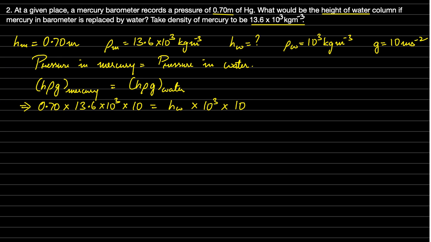Now I would be cancelling few things here. 10 and 10 cancels here. After this I can cancel this 10 to the power of plus 3 and 10 to the power of plus 3. So we get H w is equal to 0.70 into 13.6. So we get the value of height of water column as 9.52 meters. So 9.52 meters happens to be the height of the water column.